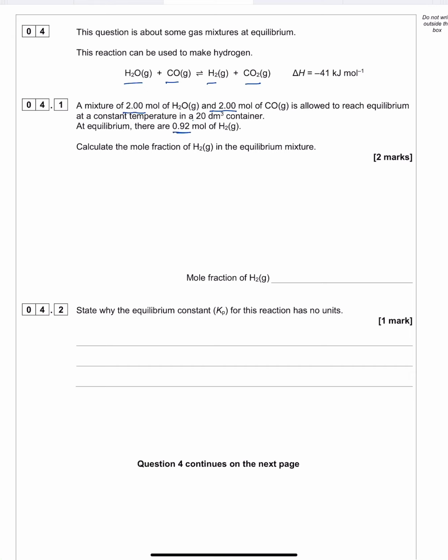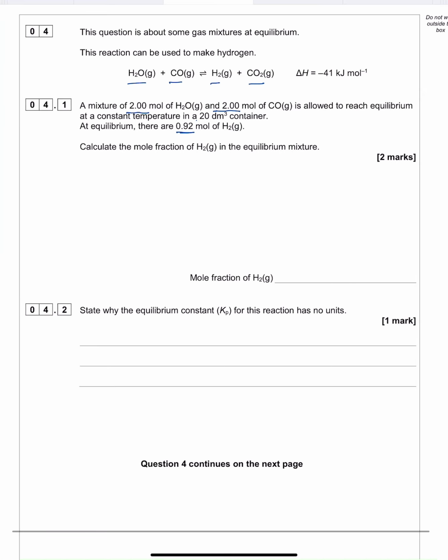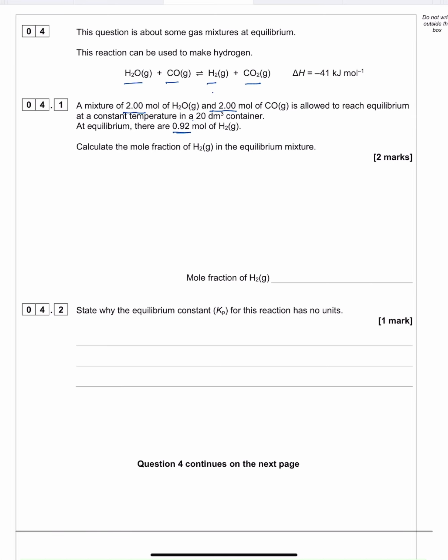And they want you to calculate the mole fraction of the hydrogen gas in the equilibrium mixture. So we know from the balanced equation that 1 mole of each reactant will give you 1 mole of each product. That means that the number of moles of hydrogen at equilibrium, as they say, is 0.92. And that also means this is the same number of moles produced of carbon dioxide.